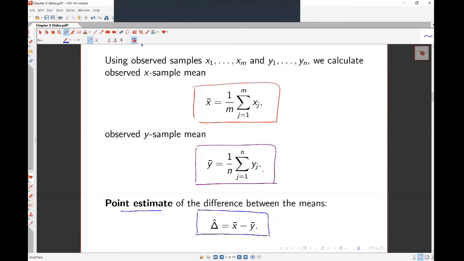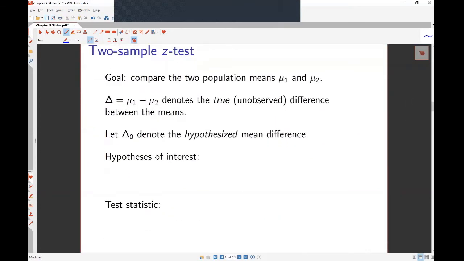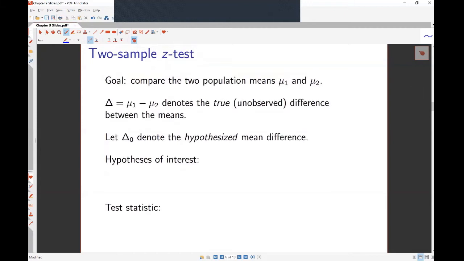It also doesn't account for the underlying variability. So we're going to now develop both a method for constructing a confidence interval for this parameter and also develop a hypothesis test for specifically comparing two population means to one another. So that's our goal here.